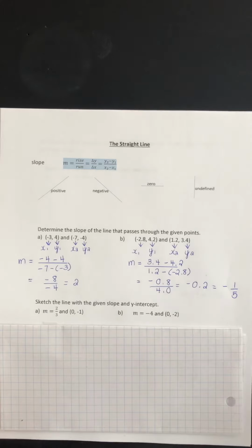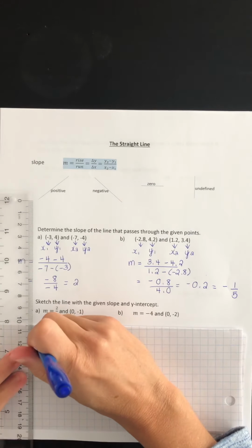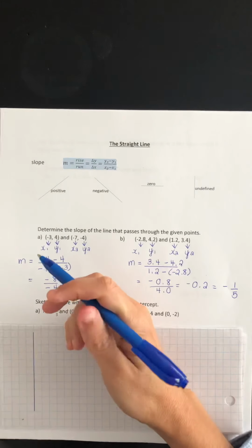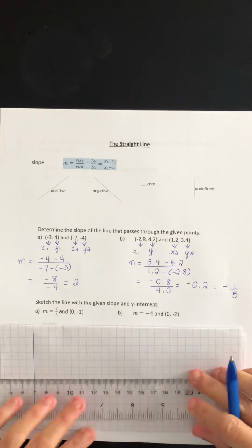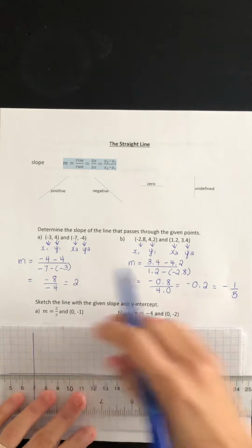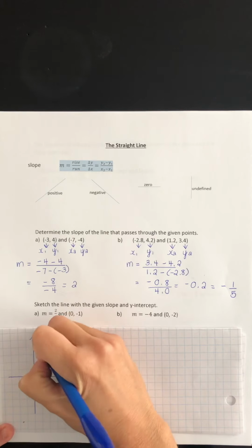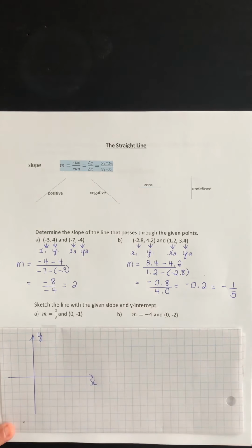Okay, so I'm going to try this first one here, part A. So I'm going to start just by drawing my axes here. All right, like that. Making sure I identified the X and Y axes.